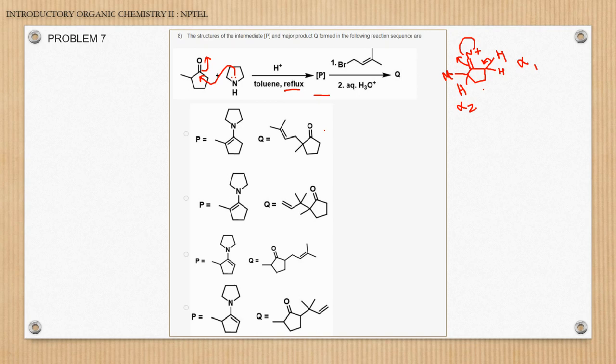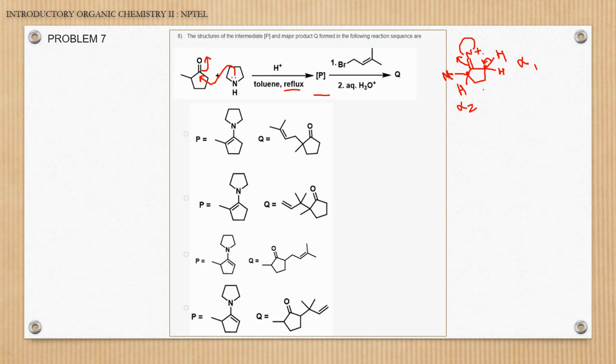But the thing here is you have a generation of negative charge, right? So negative charge is getting generated over here, at the alpha position. But enamines have some different kind of stability and conformation. That is why it doesn't prefer the rules which are applied on the enolates, that is lithium enolates basically. So enamine doesn't follow those rules.